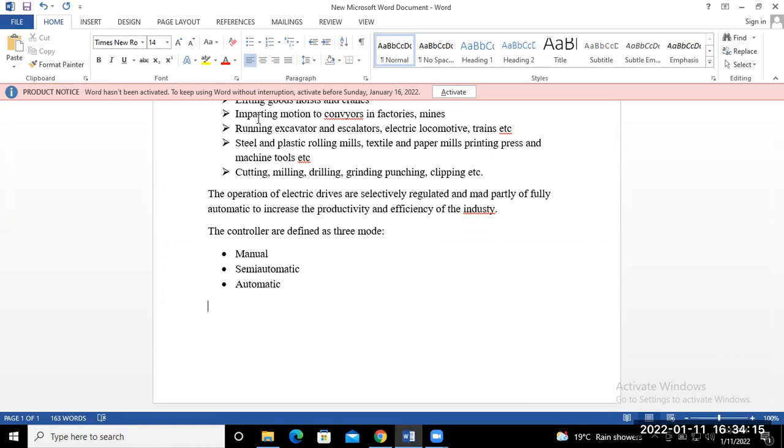The load may be continuous or intermittent.